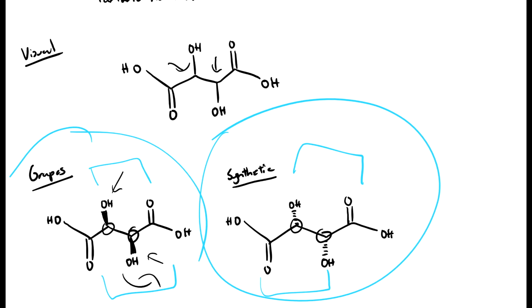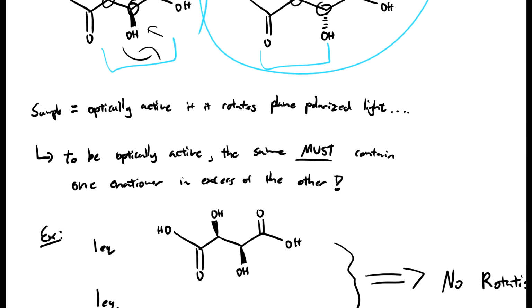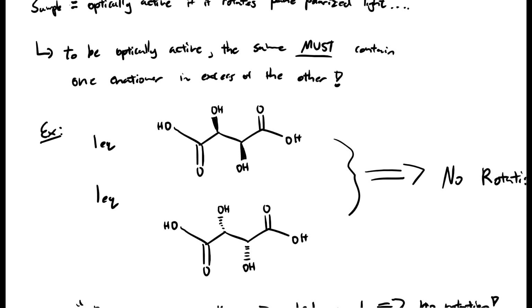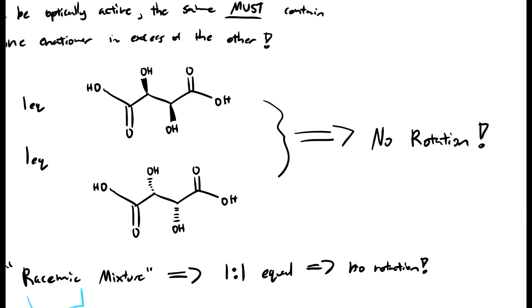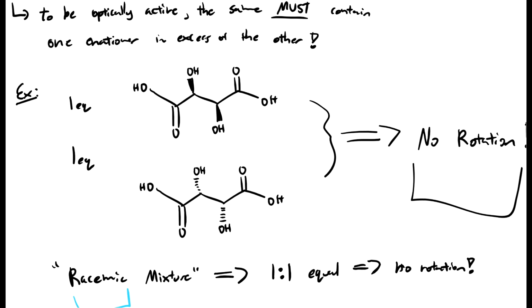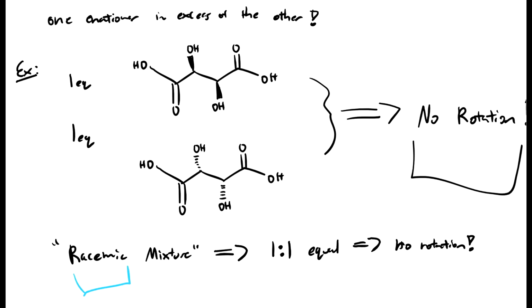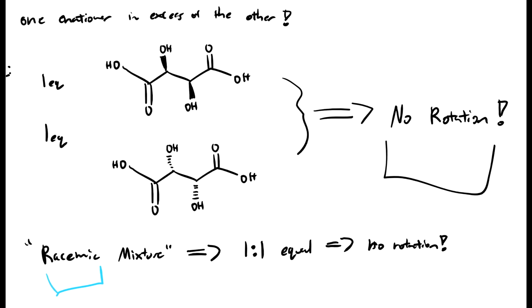He got both structures in equal amounts, and that's called a 1-to-1 racemic mixture. And it had no rotation. It was optically inactive. So racemic mixtures, equal mixtures of enantiomers, result in no rotation, so optical inactivity.